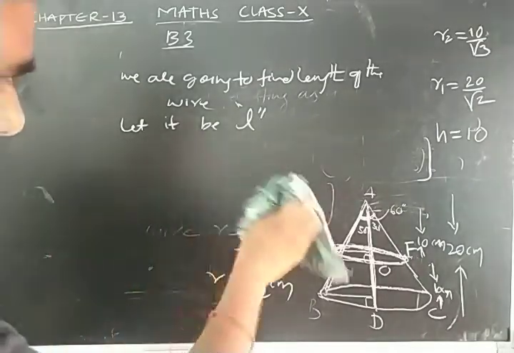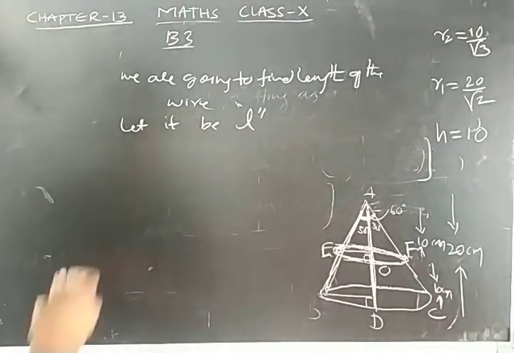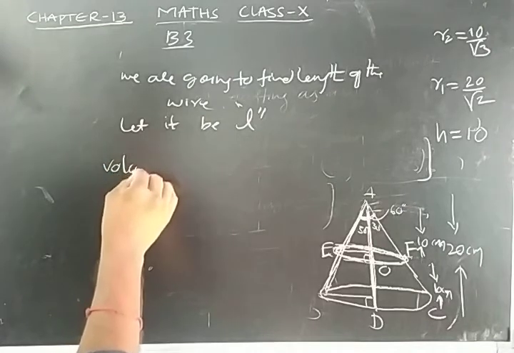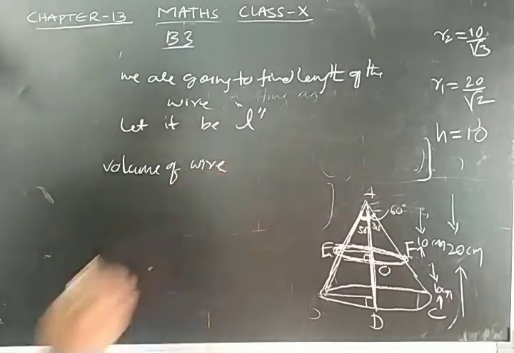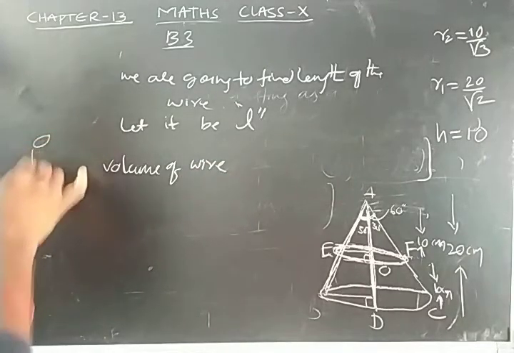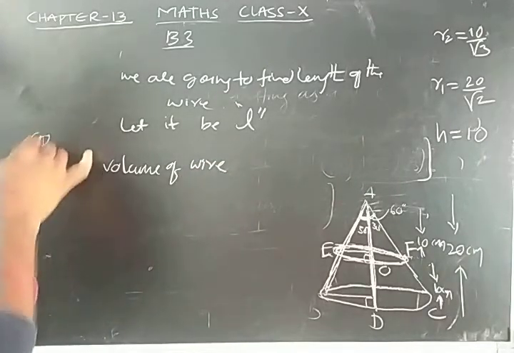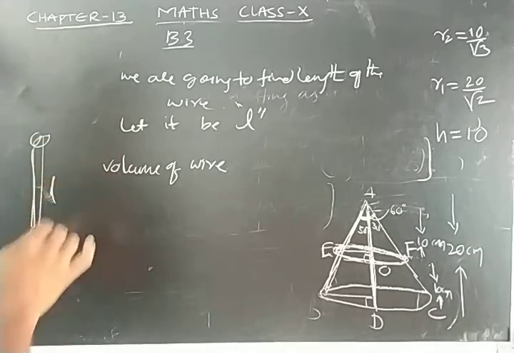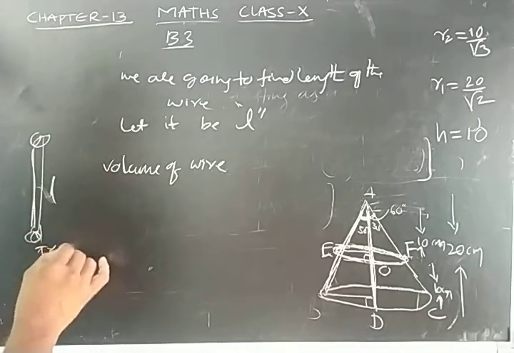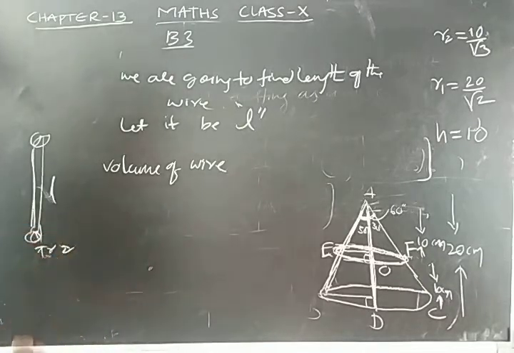Now I got the radius. What is the volume of the wire? It is the shape of a cylinder, no? So how to get volume? Base area into height. Height is nothing but length. Base area is pi r square, which is the cross section.